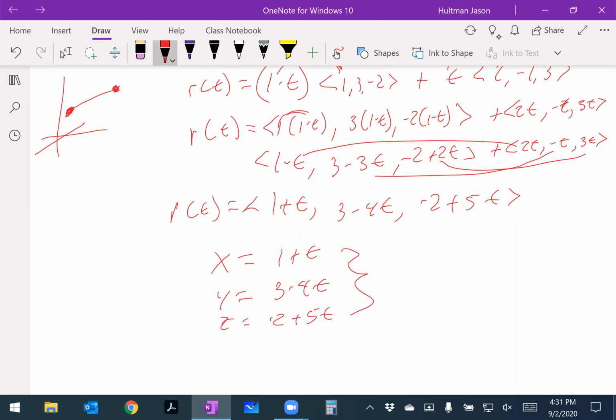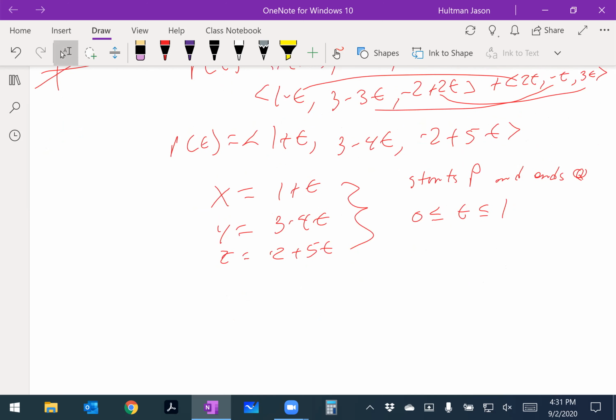But in order to get the piece of line that I'm interested in, that starts at P and ends at Q, I can only let t go from 0 to 1. Does that make sense? Okay, so this is my line segment.